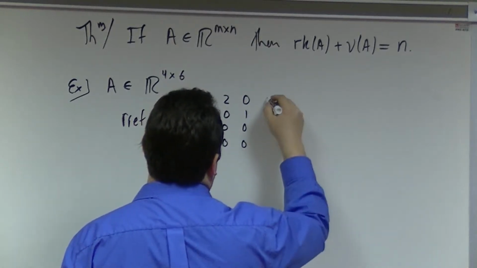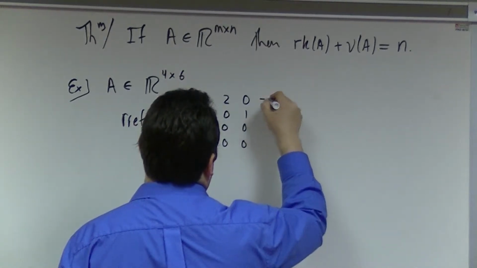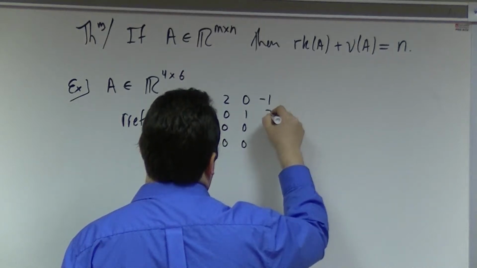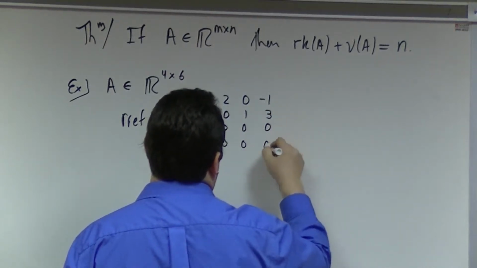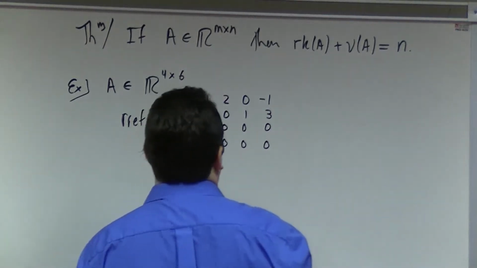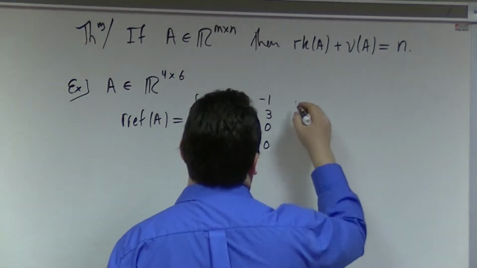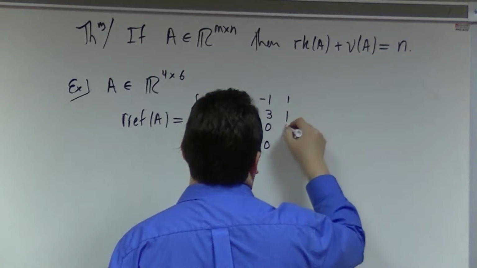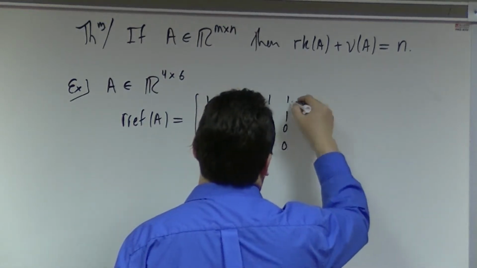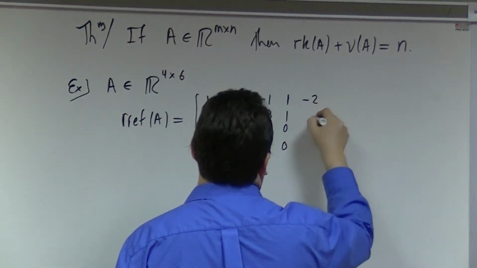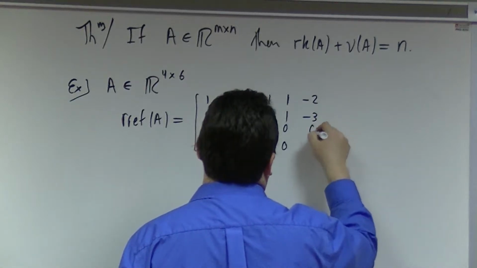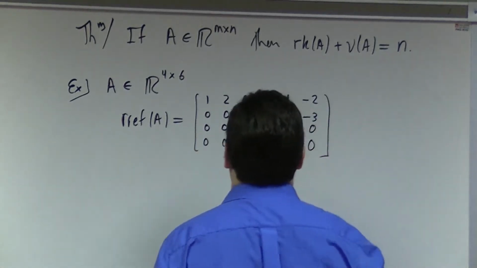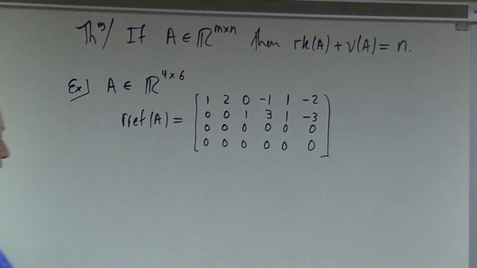Fourth column: minus 1, 3, 0, 0. Fifth column: 1, 1, 0, 0. Sixth column: minus 2, minus 3, 0, 0. This is probably an awful example, but suppose you have a 4 by 6 matrix and that's its row reduction.